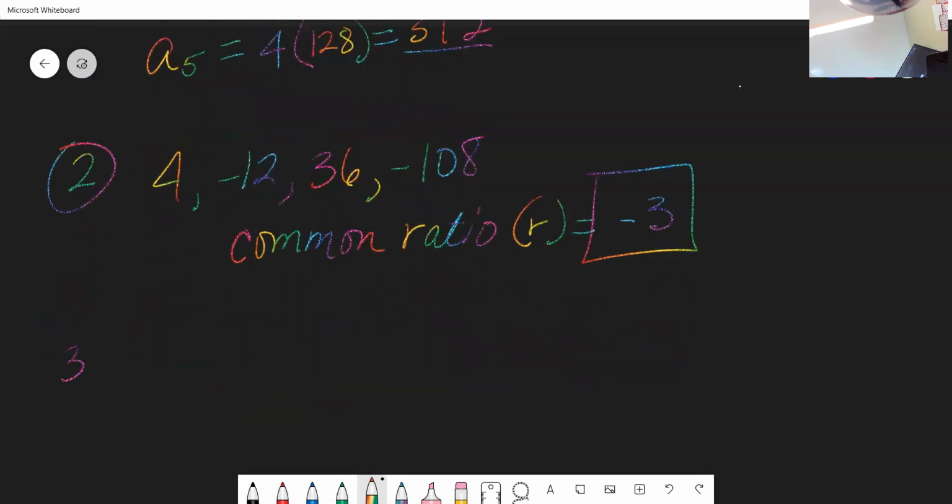Right, we know it's negative because it's alternating from positive to negative. And we know it is a whole number, not a fraction, because the numbers are getting larger.